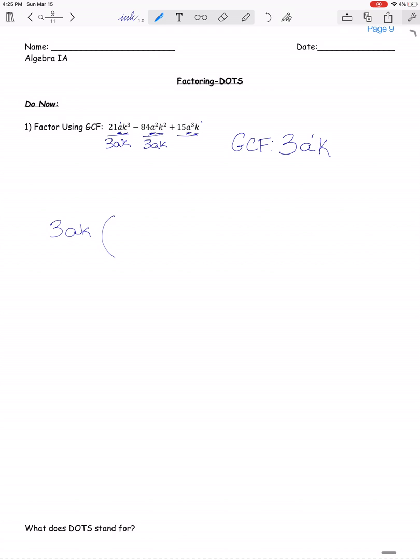3ak, and 3ak. So I end up with 7, because 21 divided by 3 is 7. A to the first and a to the first cancel. I have k to the third and k to the first, which gives me k to the second. Minus 84 divided by 3 gives me 28.